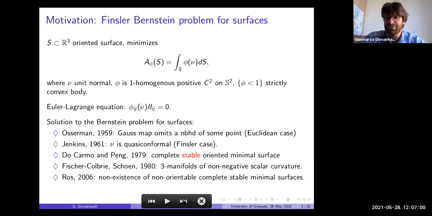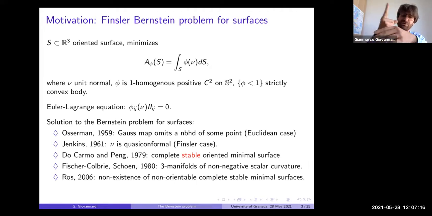A natural generalization of the area functional is the Finsler area functional, where you consider a weighted area functional, weighted with this function phi, that is a function of the unit normal. So you have your surface, a two-dimensional surface, you have the unit normal, and you consider the integral of the function phi over the surface.